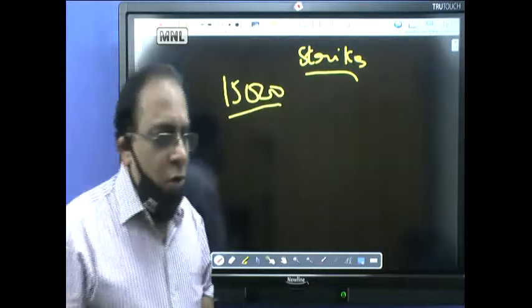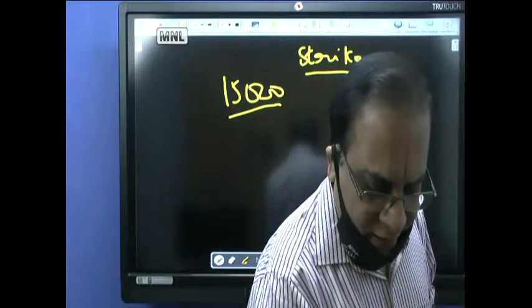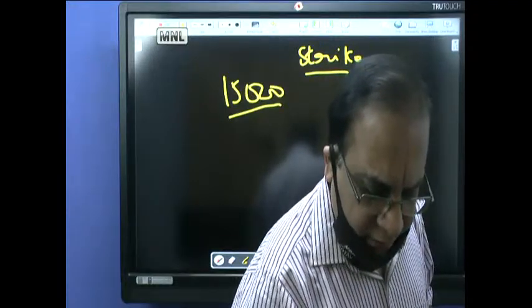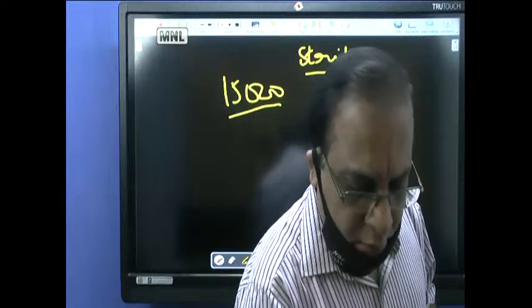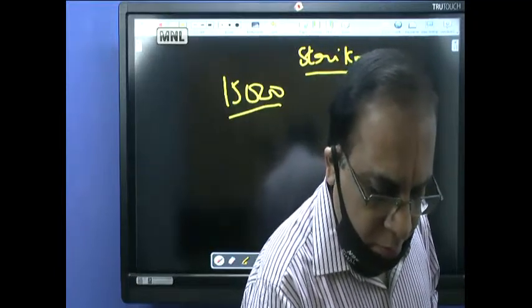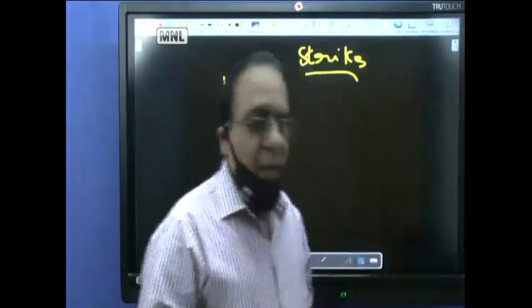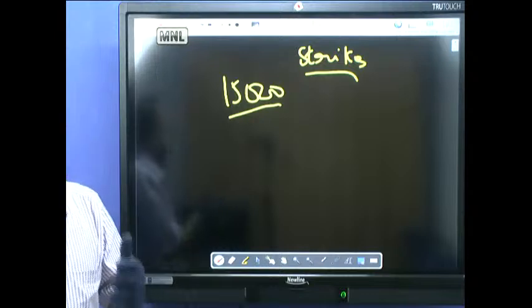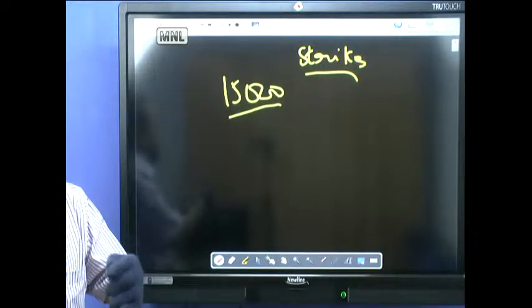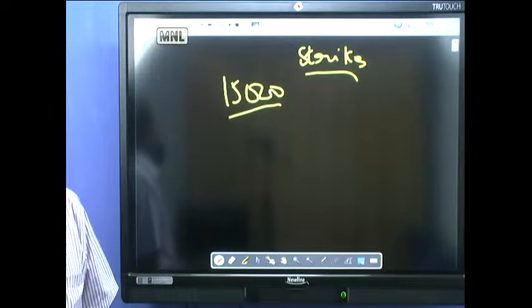So in the call option, if the price goes up, then you tend to get a slightly lower profit as far as a call option is concerned.